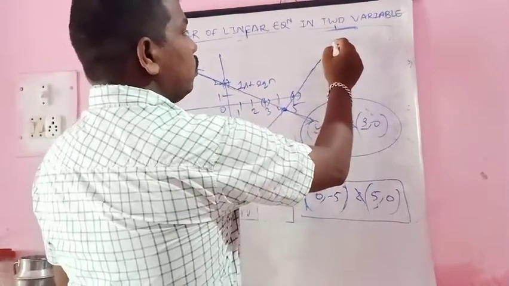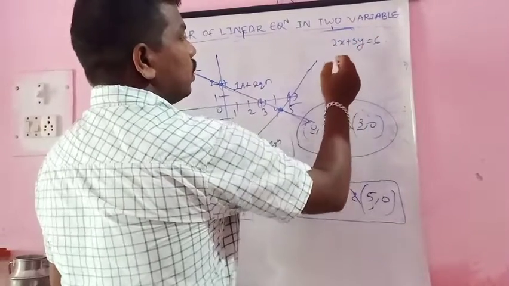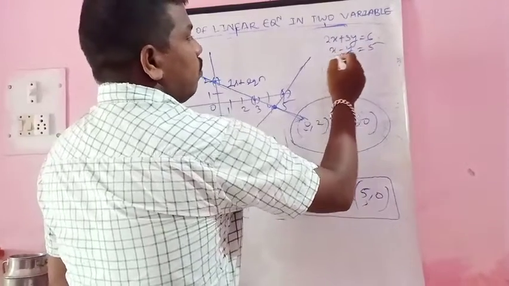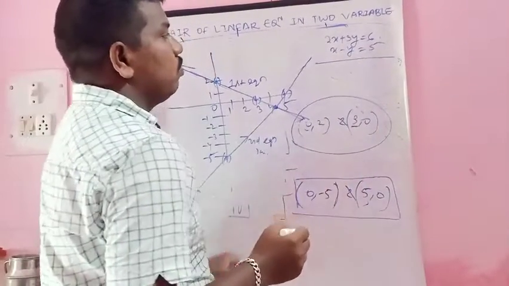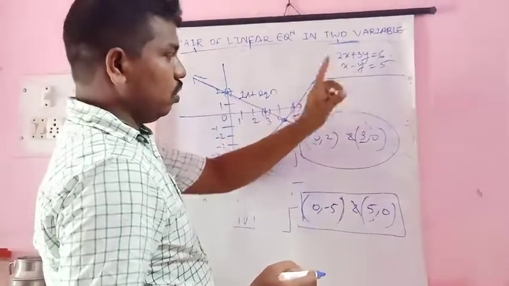So we check: the equations are 2x plus 3y equal to 6 and x minus y equal to 5. We have to check whether it gives a unique solution, infinitely many solutions, or no solution.